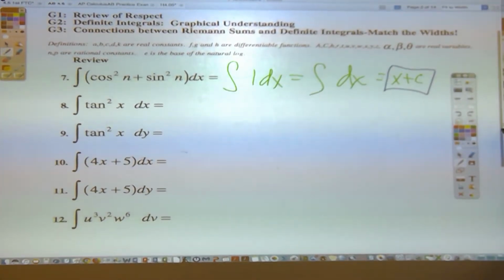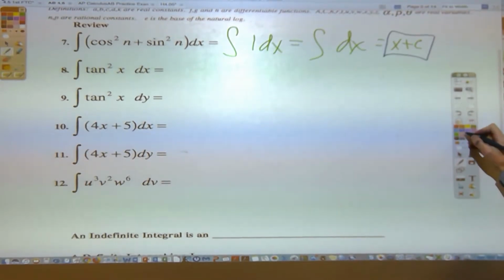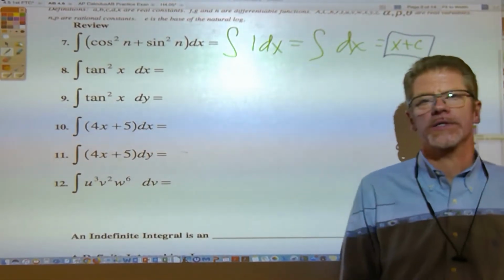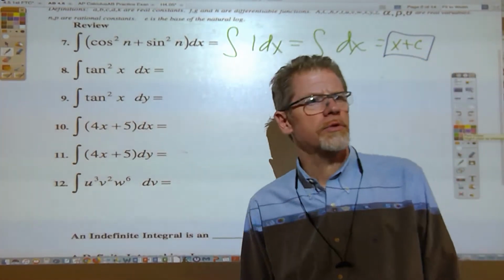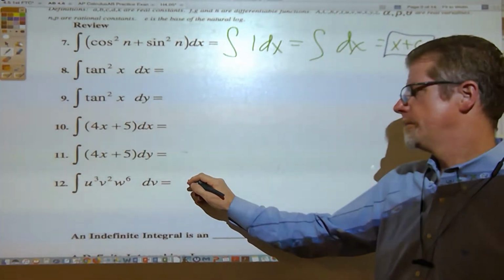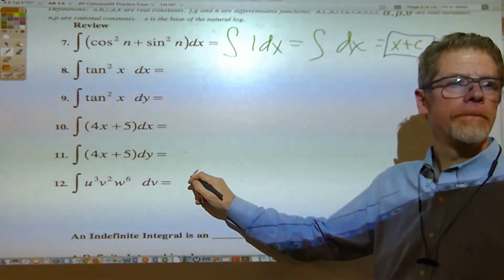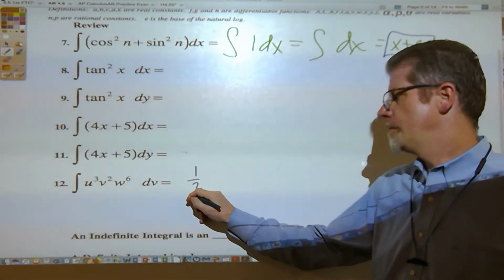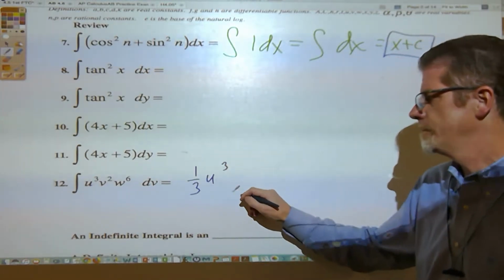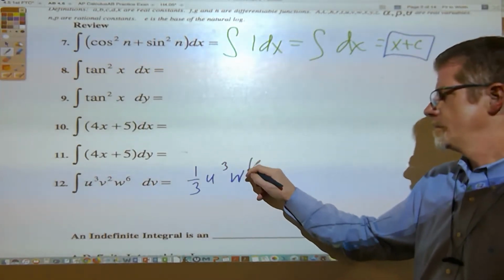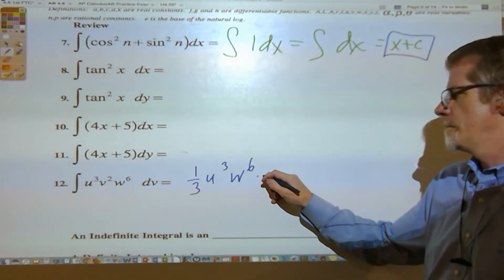Starting with number 12. Who thinks they got number 12? Be willing to report the answer. All right, Cindy, tell me what you got for number 12. 1/3 times u to the third and times w to the sixth and times v to the cube.